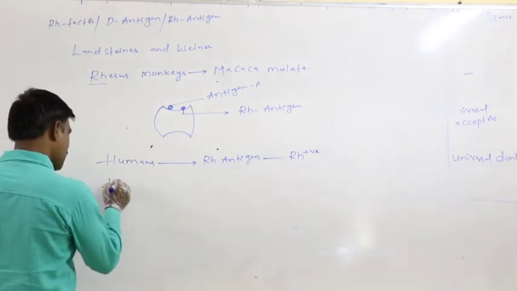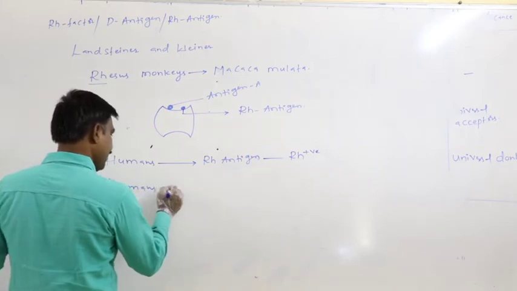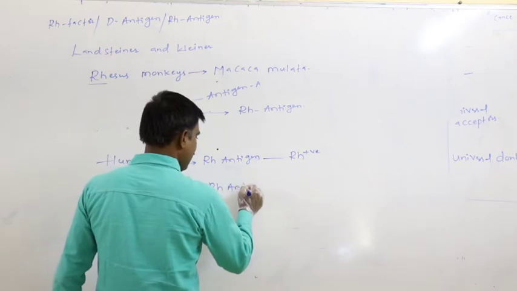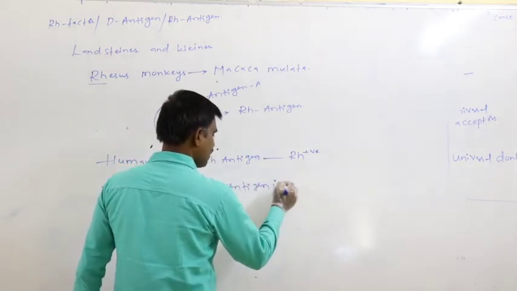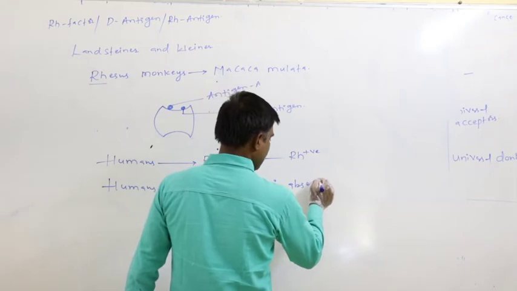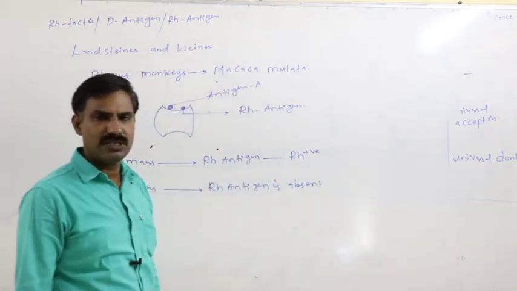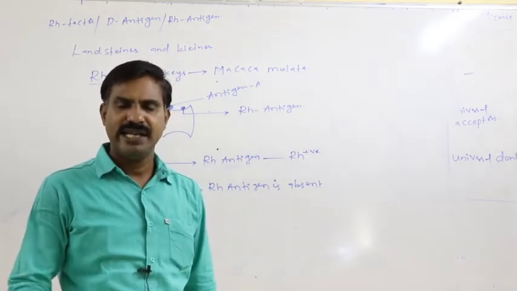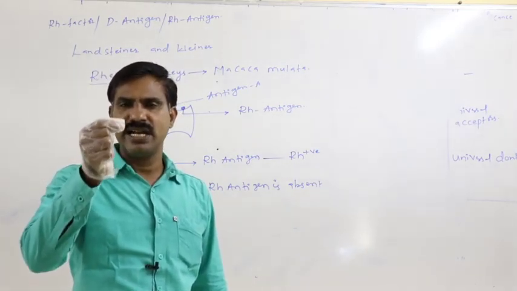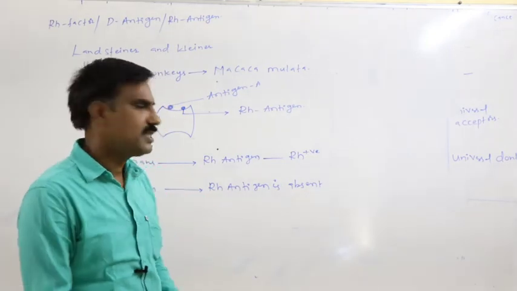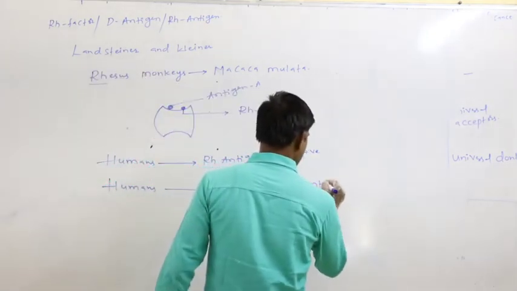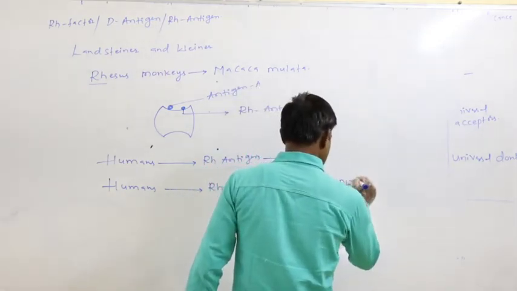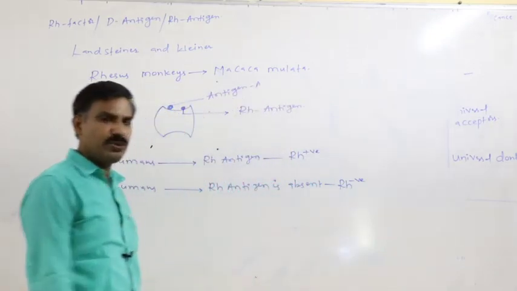The humans in which Rh antigen is absent, only the normal antigen is present on the surface of RBC, and an additional antigen such as the Rh antigen is not present, such persons are said to be Rh negative persons.